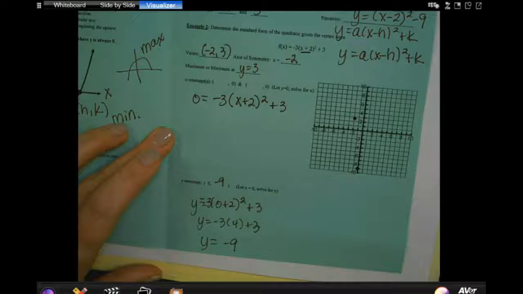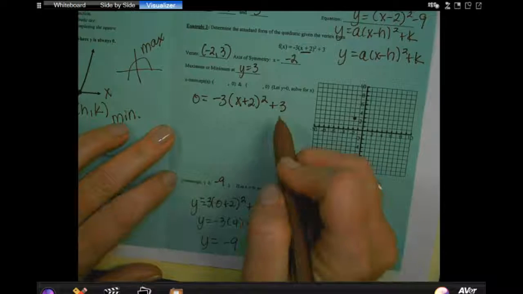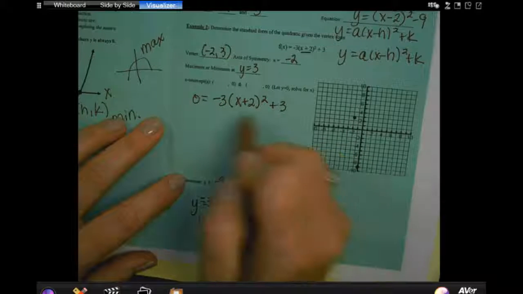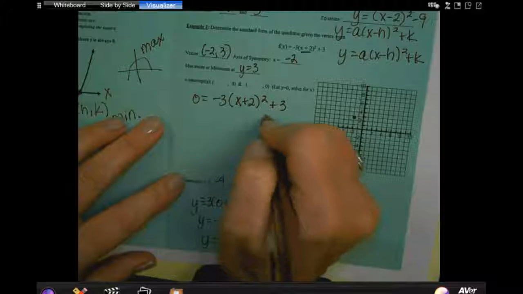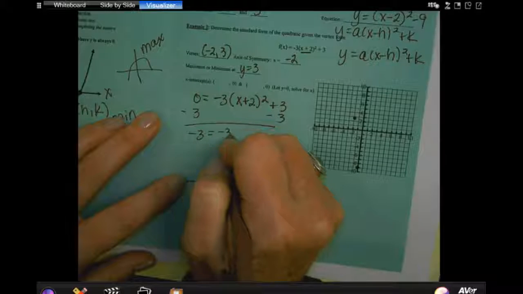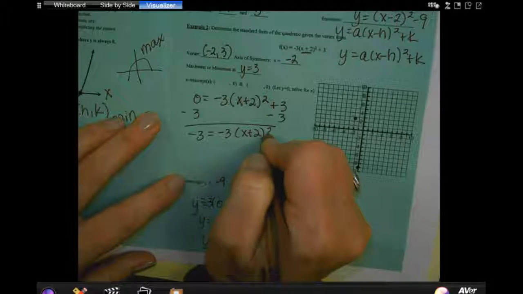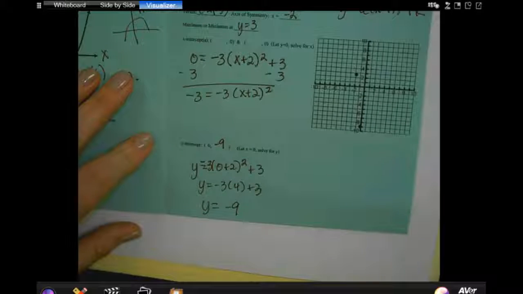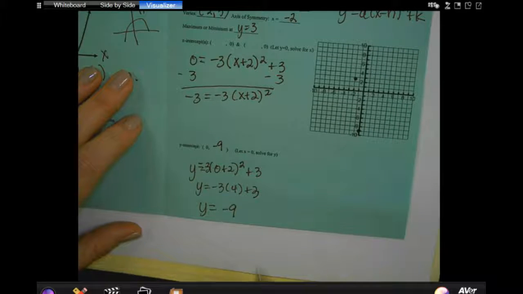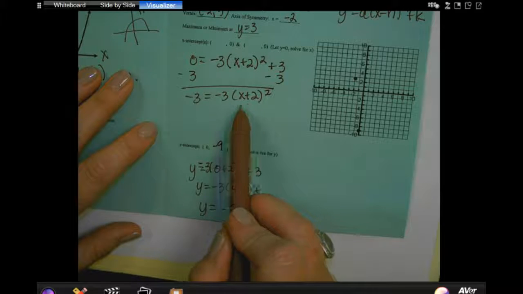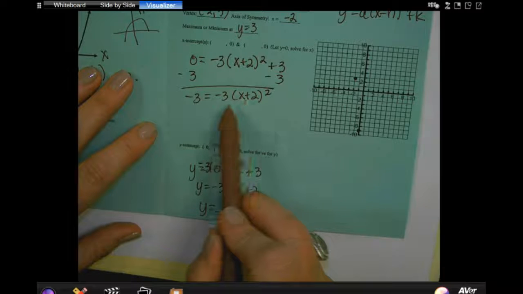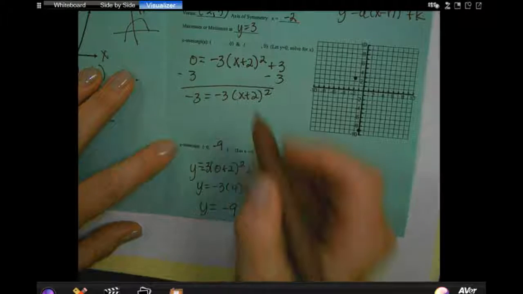Can you look just a little happier? Thank you. All right. If I want to solve for x, I'm going to subtract the 3. So I still want to solve for x. So I need to get rid of this negative 3. And this is multiply, right? And what's the opposite of multiply? So I'm going to divide.